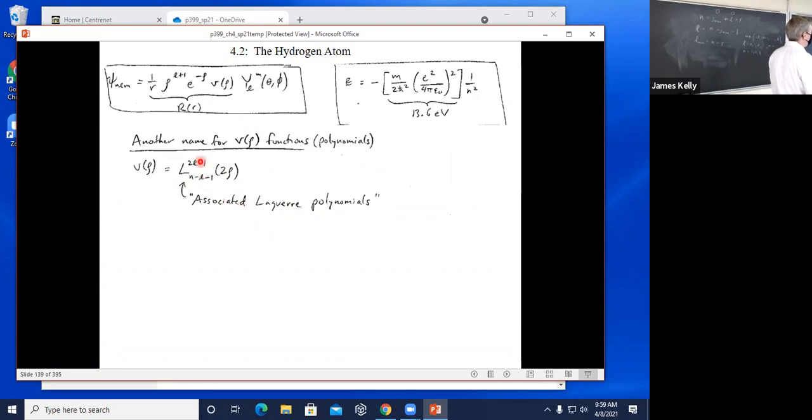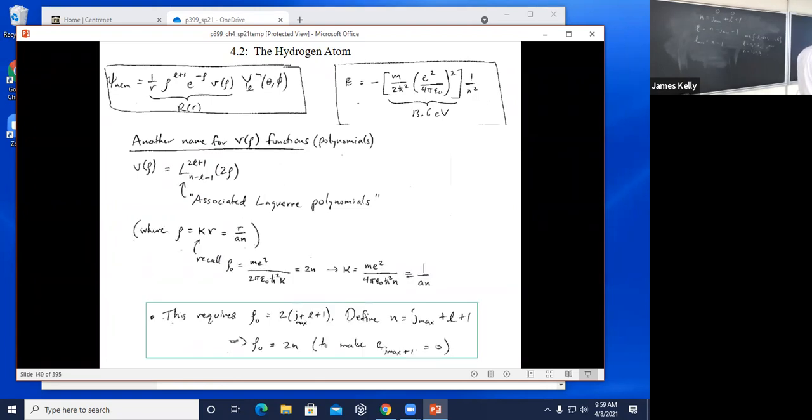So if you know those two numbers, you can back out what N and L are, because you have two equations and two unknowns. But for reasons that I don't understand, that's the tradition in mathematical physics. These functions were known well before the hydrogen atom was discovered, for reasons in mathematical physics. Okay, and so we'll look at the combined radial function, with these polynomials and the power function and the exponential function put all together, in just a second.